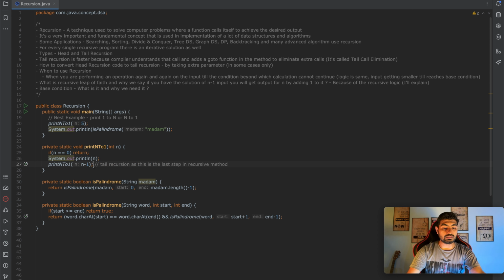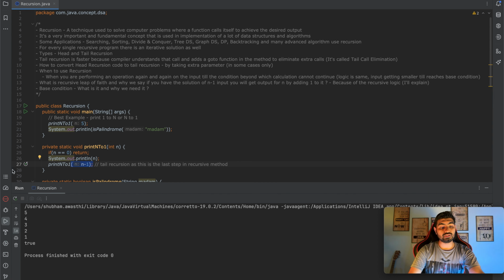Now if you do a single change, let me run this and show you. As you can see, you are able to print from 5 to 1. But if I remove this line from here and put it above the print call, first it will do the recursive calls, and then once it's coming back, it will print those.